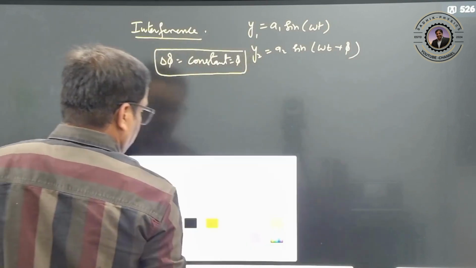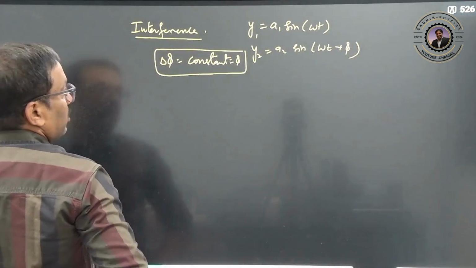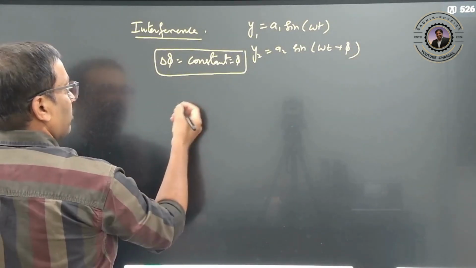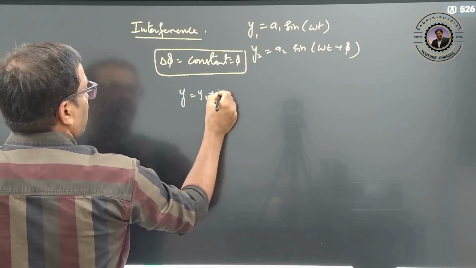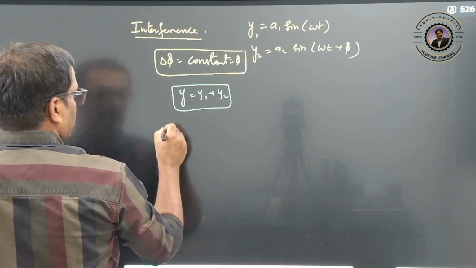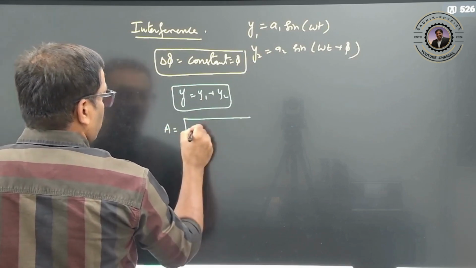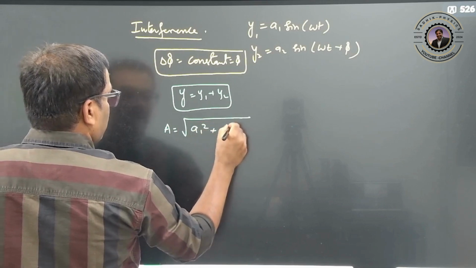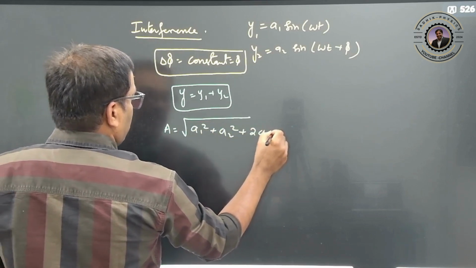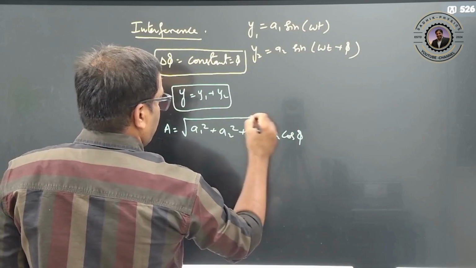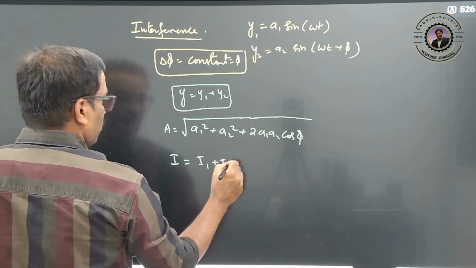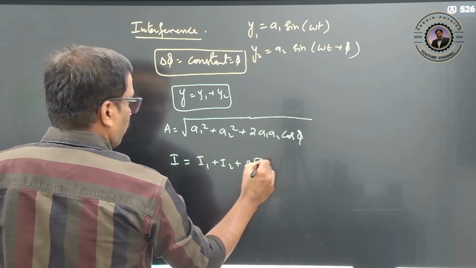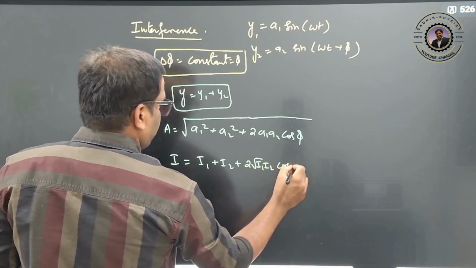If these two superimpose, the amplitude is root of a1 squared plus a2 squared plus 2 a1 a2 cos phi. Intensity we can rewrite as I1 plus I2 plus 2 root of I1 I2 cos phi.